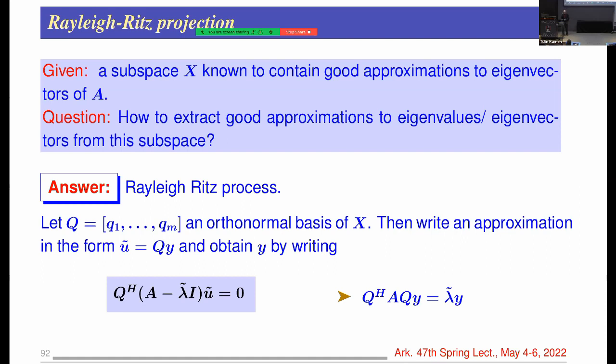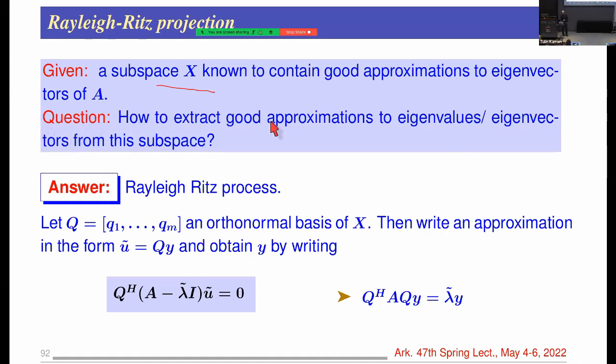So let's talk about what is called the Rayleigh-Ritz projection. It's a very common thing you will find. It's a basic tool that's used in eigenvalue calculations and in other calculations dealing with eigenvalue problems. So you have a subspace X that you know contains a good approximation to your eigenvalues or eigenvectors.